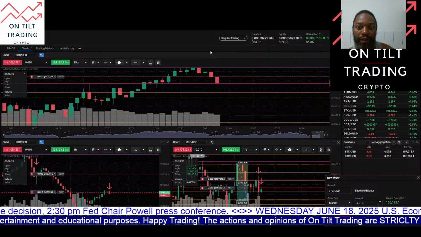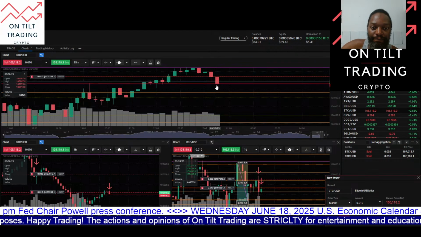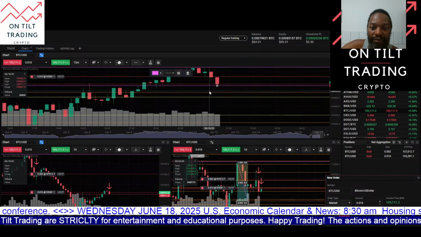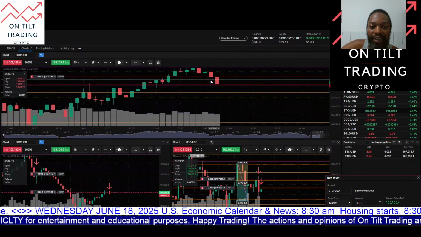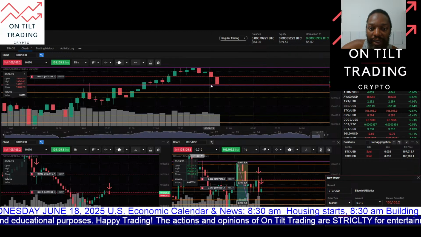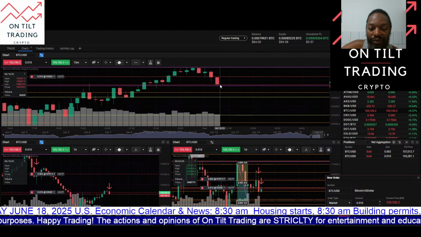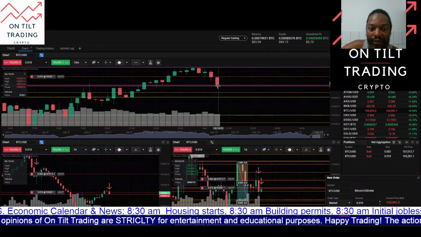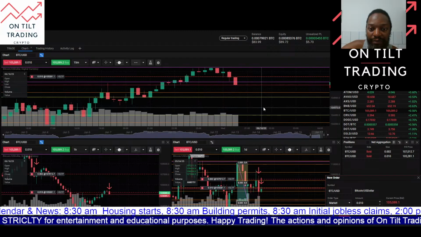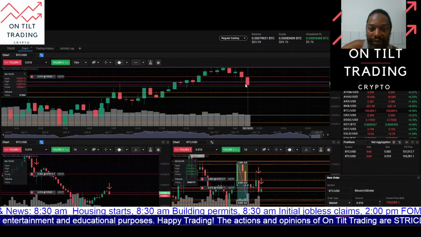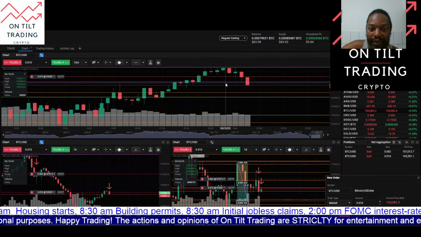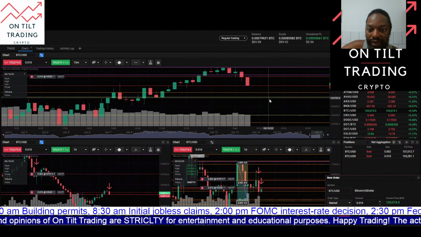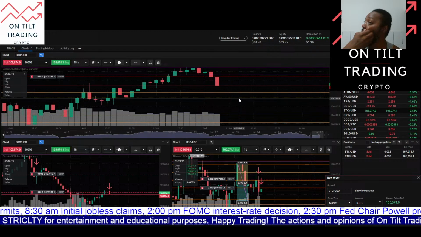Actually, I'm going to keep this going. Sometimes I'll leave this range setting where it was, just to allow the price action to set up for a potential entry if it wants to.